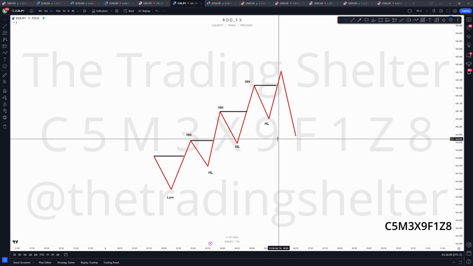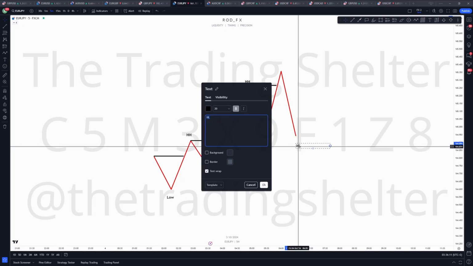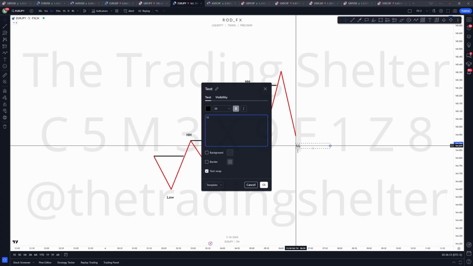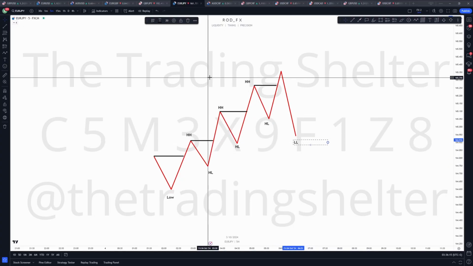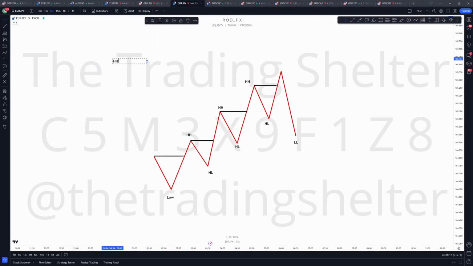Very, very important. This is called a lower low. So I can put the names here if you want. High, higher high, higher low, or low.